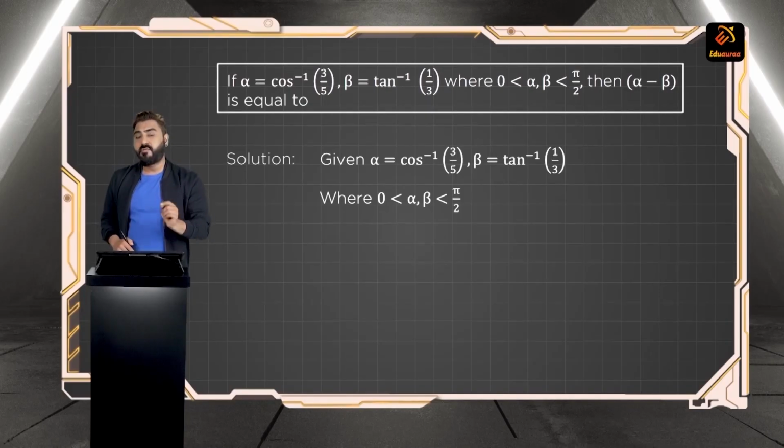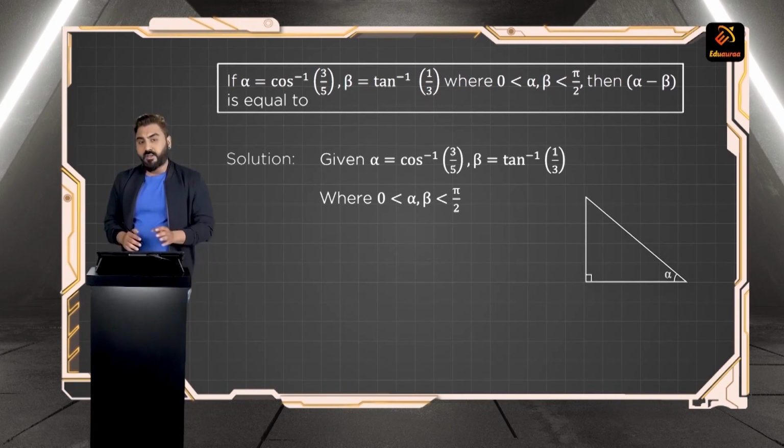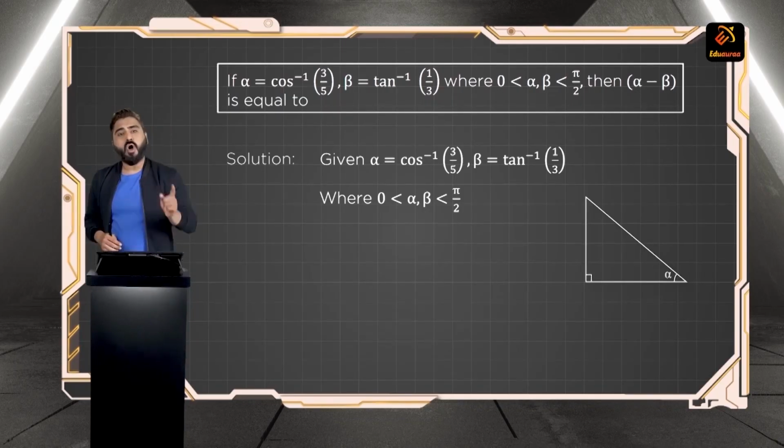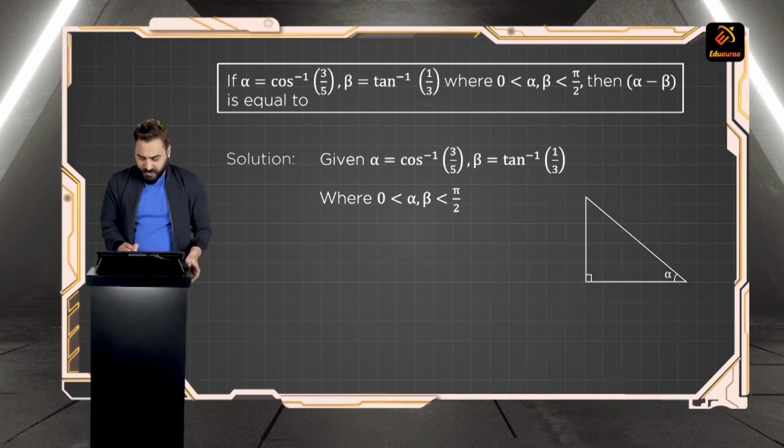So students, if cos alpha is equal to 3/5, when we draw a normal triangle, let's say this is some angle alpha and this is your right angle triangle. If cos alpha is 3/5, what is cos alpha? It is adjacent upon hypotenuse. So this is 3, this is 5.